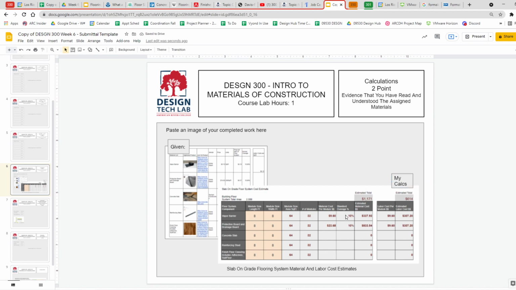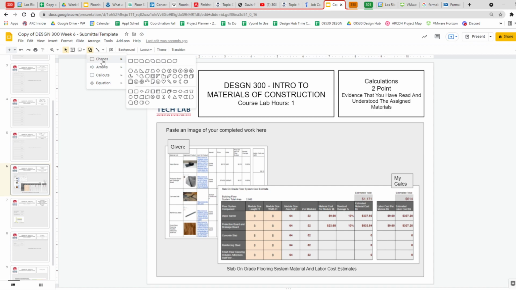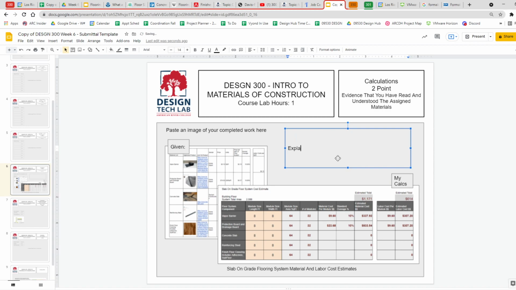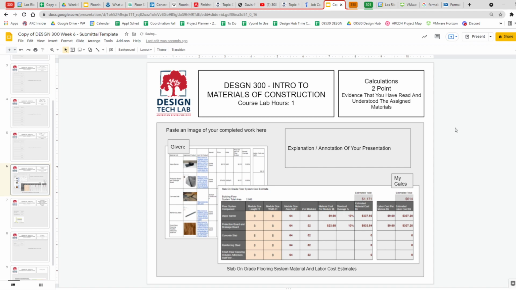So you might have something that looks like this, and you can do a little explanation up here of what you're talking about and what happened. Would be a really nice spot to put that.